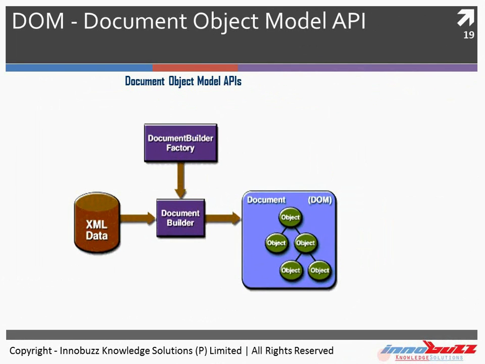These are the Document Object Model APIs. Here you use javax.xml.parsers, where the DocumentBuilderFactory class is used to get a DocumentBuilder instance. You use that instance to produce a document object that conforms to the document object model specification.